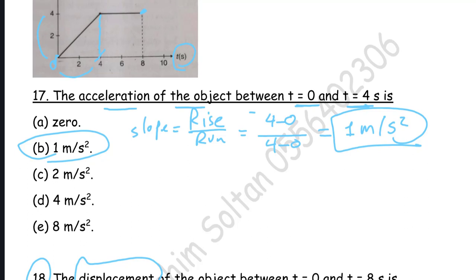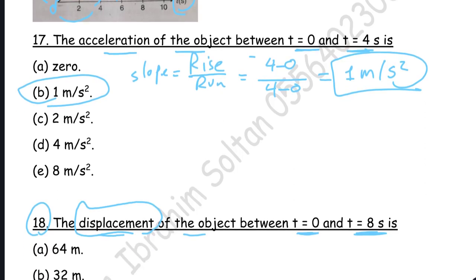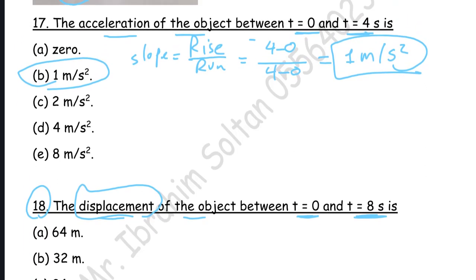And here we can get the area under the graph by dividing it into two pieces. This is the first piece as a triangle, the second piece as a square or rectangle, right? So displacement equals area under the graph.